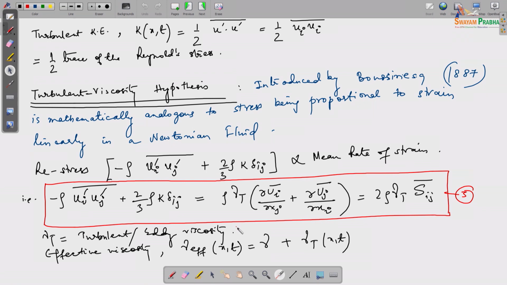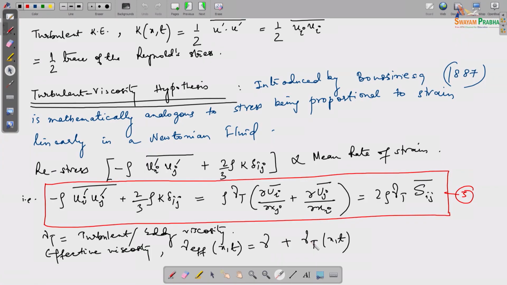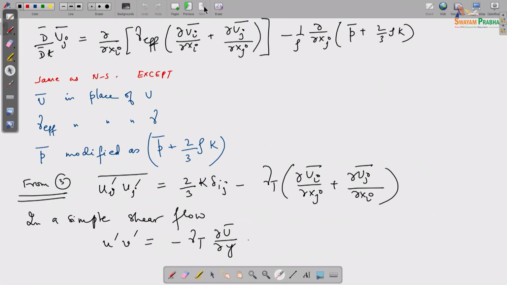Every property we write as a mean property and a turbulent part, which is being done even to the effective viscosity. So we write that as the viscosity part and the turbulent part, and it boils down to the same thing. This is how your momentum equation changes. We will discuss this a little more.